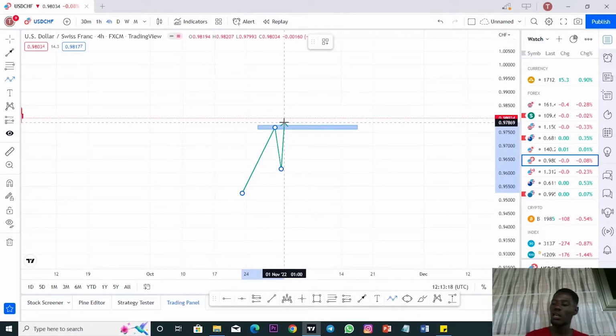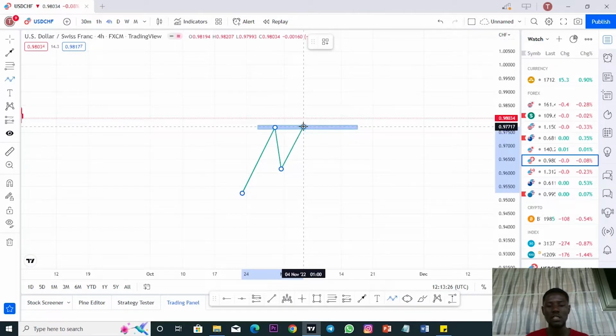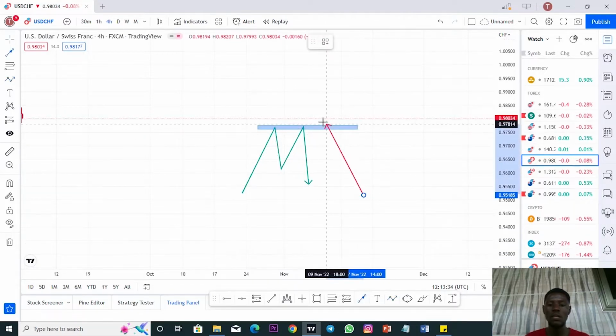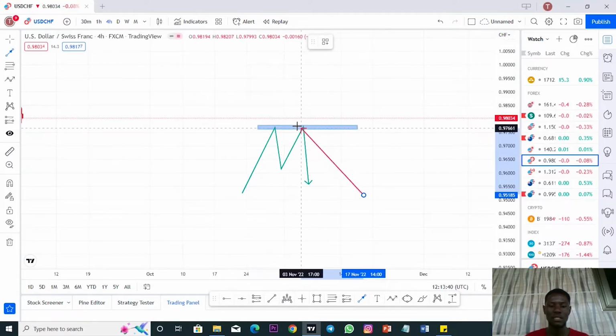Because this resistance level is strong, it rejects the market again, then the market pushes to the downside, making this region a strong resistance region and forming this M pattern, or double top pattern.